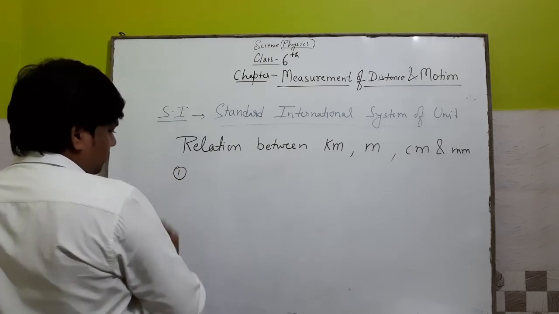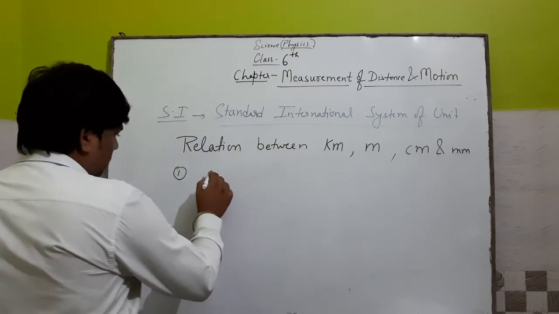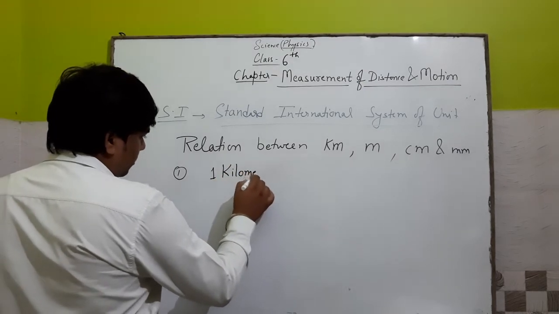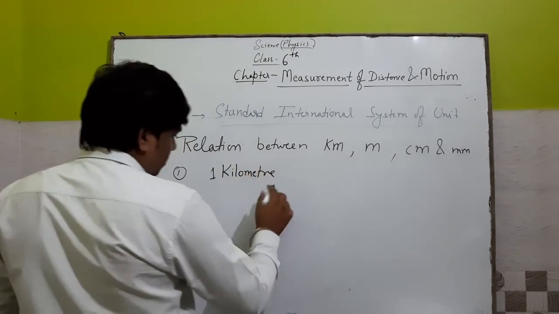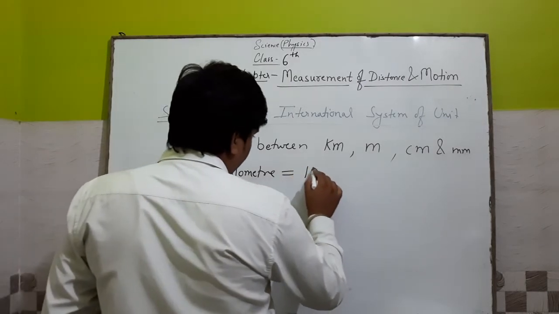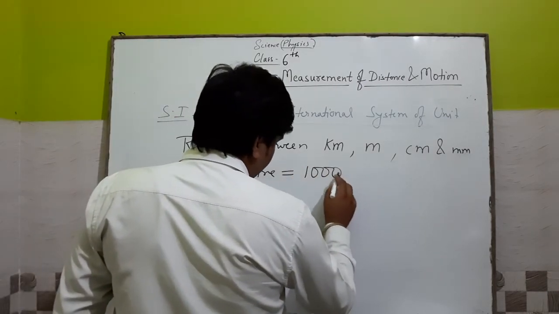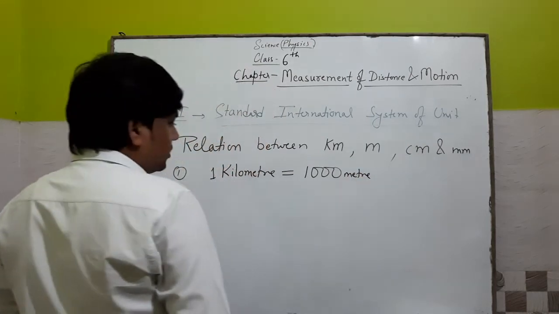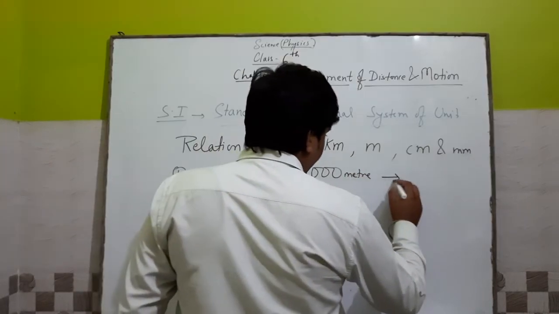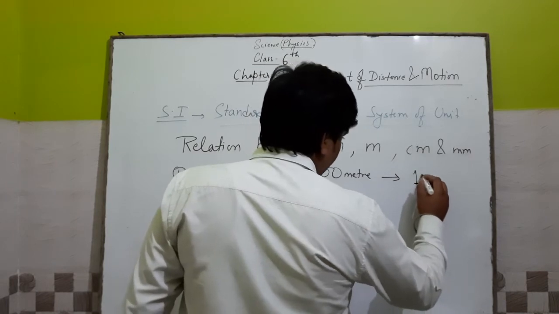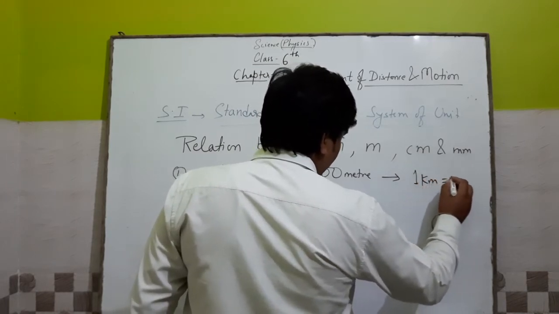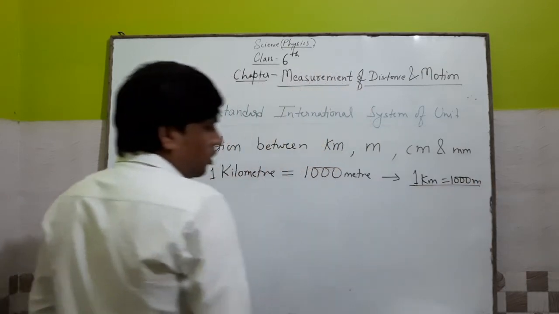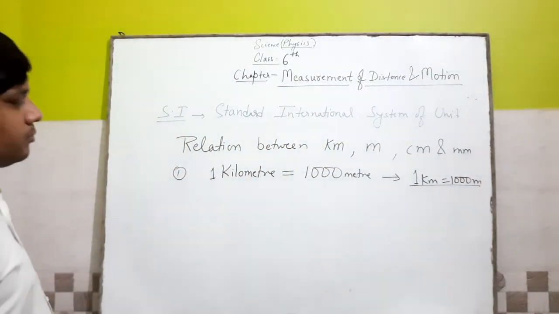First, 1 kilometer is equal to 1000 meter. In symbolic form, you write 1 kilometer is equal to 1000 meter. Okay, in short form or in symbolic form.